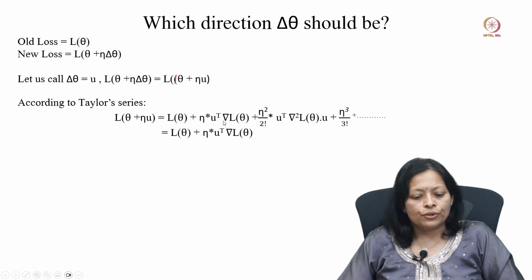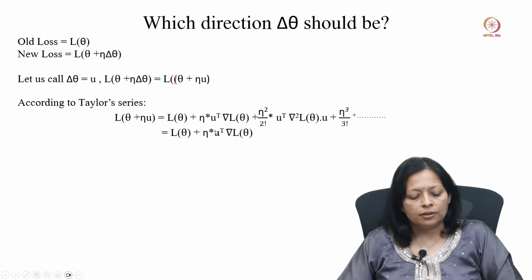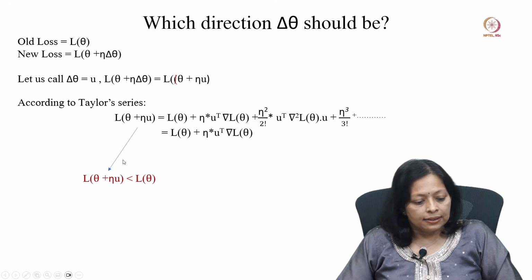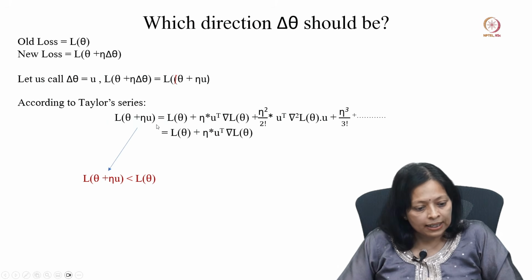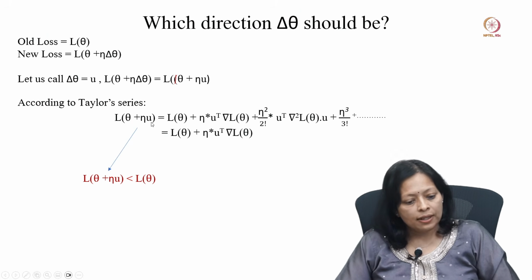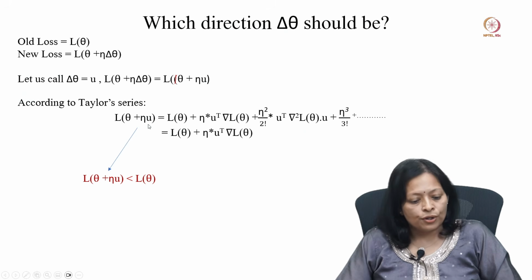Okay. So, u transpose into gradient, this is a vector multiplication, and eta is a small value. Okay. Now, this is my new loss, and what I want is that my new loss should be lesser than my old loss, which is my L of theta.